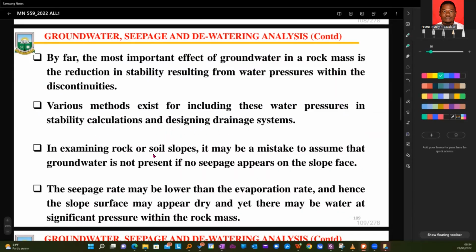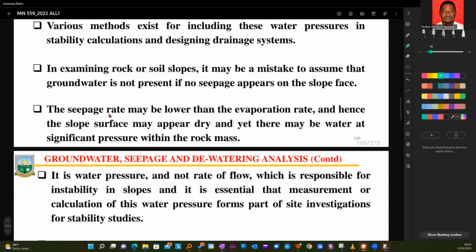In examining a rock or soil slope, it may be a mistake to assume that groundwater is not present if no seepage appears on the surface. You are likely to be deceived if you don't see water, but it may be hidden in there because it doesn't flow as normal water. It seeps. So the seepage rate may be lower than the evaporation rate.